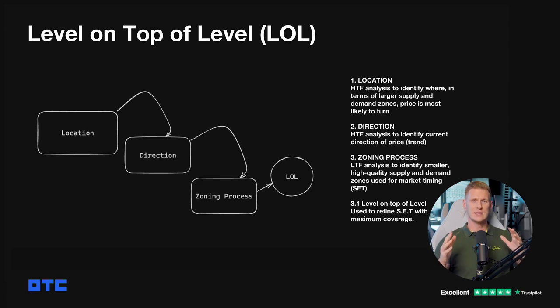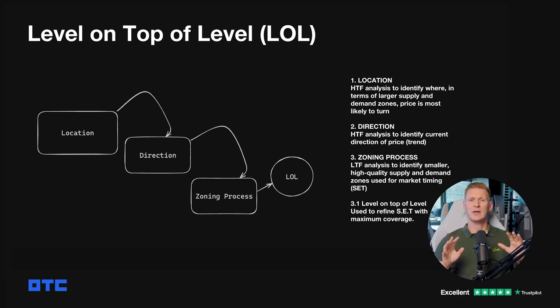As the name suggests, a level on top of level refers to multiple levels stacked closely together. These stacked levels indicate areas of greater imbalance in the market, which often means a higher concentration of unfilled institutional orders. Think about it this way. Price has to break through one level first before arriving at the second level, the level you will trade.